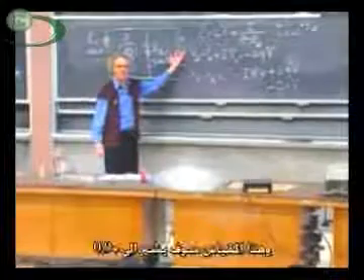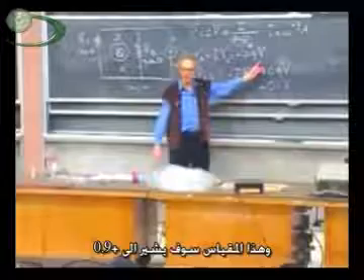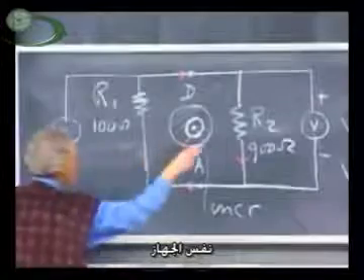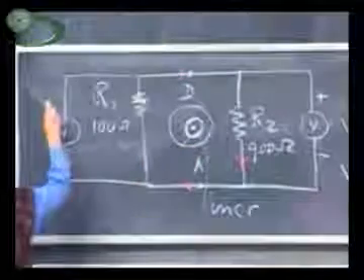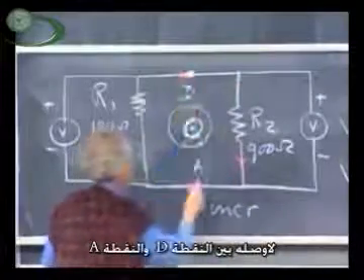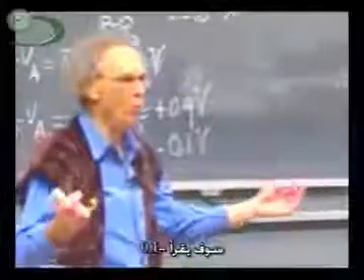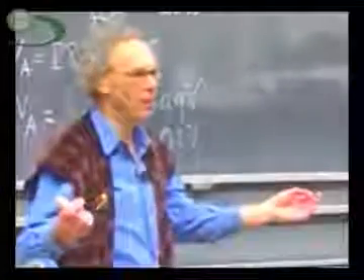I attach a voltmeter here. That voltmeter will show me plus 0.9 volts. Now I attach a voltmeter here. The same one. I flip it over. It's connected between point D and point A. It will read minus 0.1 volts.